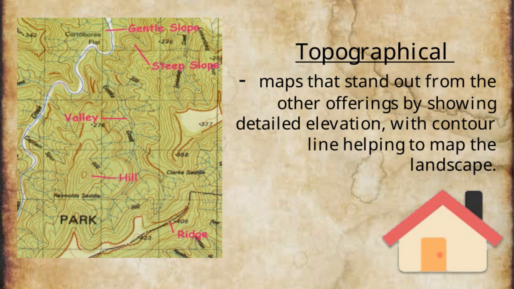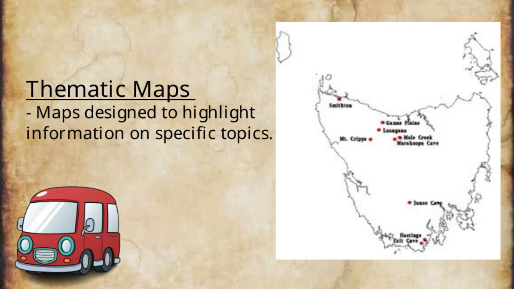Let's talk about thematic maps. These are specialized maps designed to highlight information on specific topics, making complex data much more accessible. Instead of just showing geographic features, they focus on particular themes or variables, like population density, climate zones, or economic activity. This helps us see patterns and relationships that might not be obvious on a standard map.